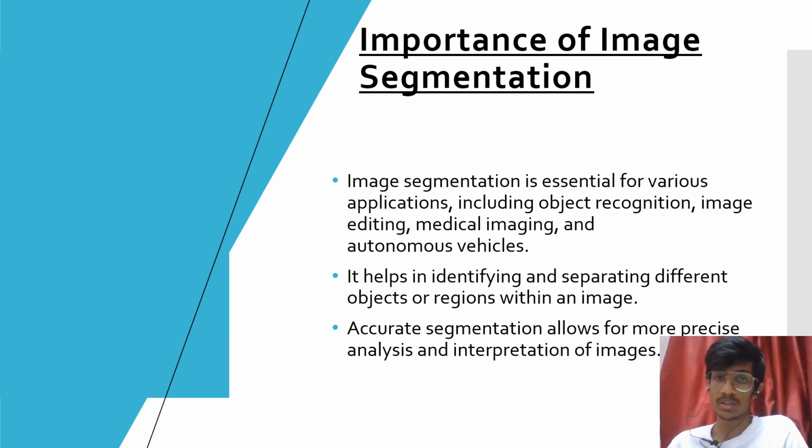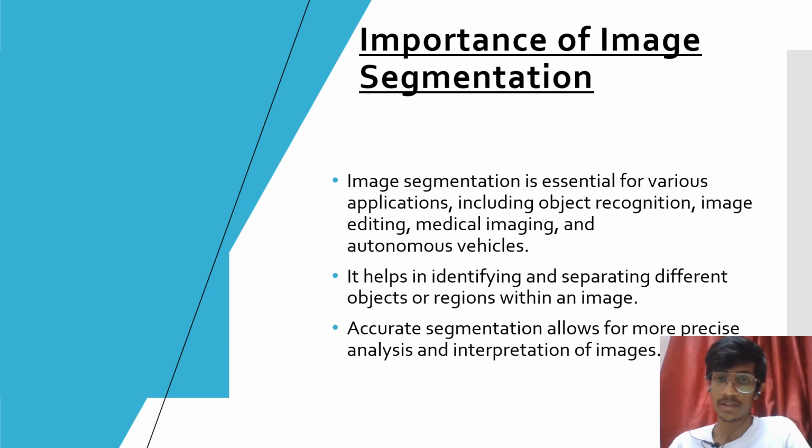Image editing, like Photoshop, uses this. Medical imaging, as you saw previously, is used to locate a tumor or anything. And autonomous vehicles like Tesla cars use it for object detection and the lanes on the roads. So it helps in that.